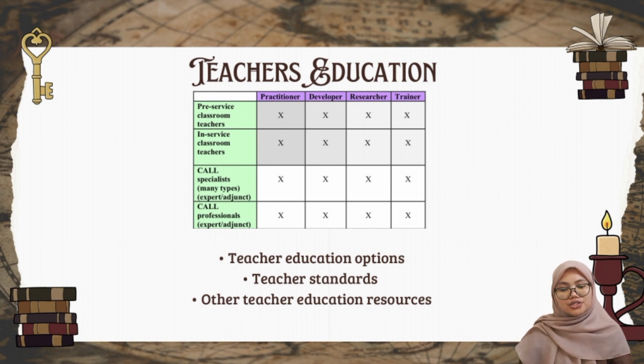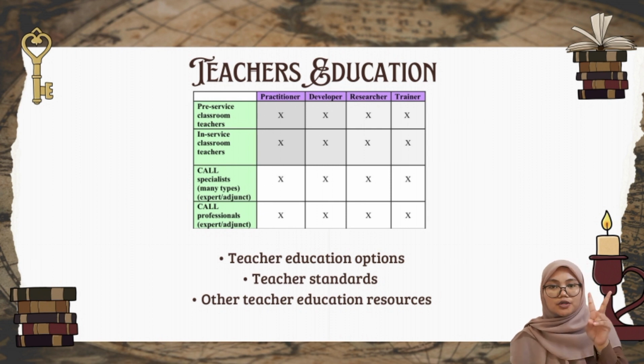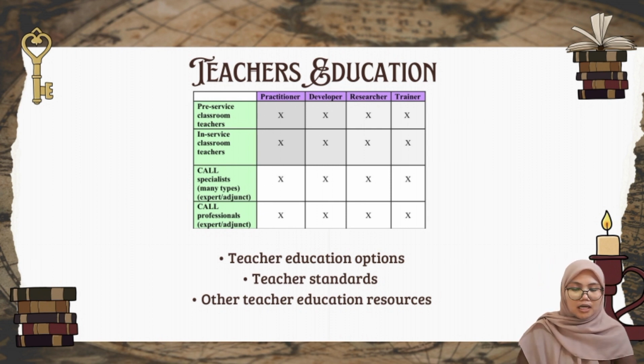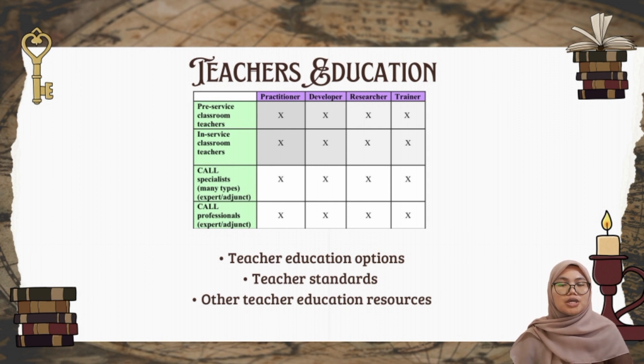The focus of the teacher can be seen in the illustration of the previous figure, which states that the teacher is a practitioner and developer of computer-assisted language learning software or applications. From the table that has been filled in above, it can also be said that there are two types of knowledge and skills, namely technical and pedagogical knowledge and skills.